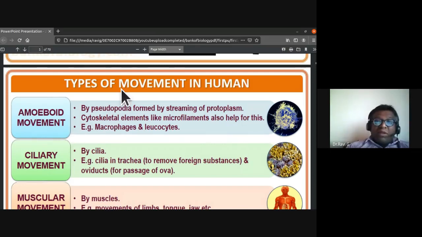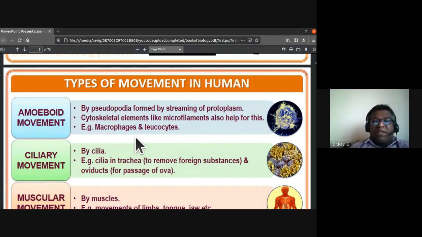See these types of movement in human beings, within the human cells. These are not just in the microorganism amoeba. Here you can see within our body the macrophages and leukocytes. These are types of movement within human beings. There is amoeboid movement by cells such as macrophages and leukocytes, by the formation of false feet by streaming of protoplasm.